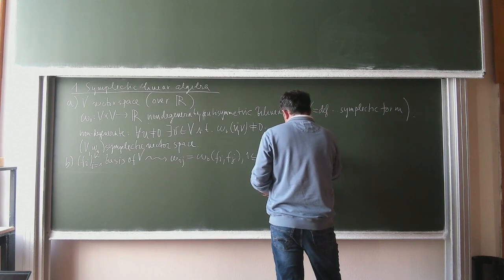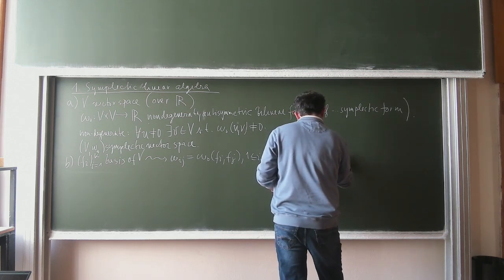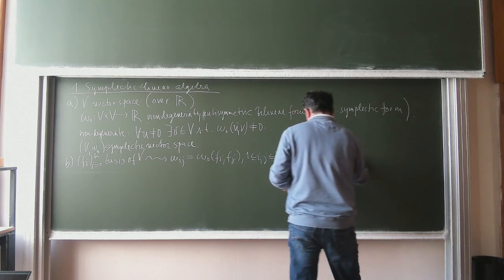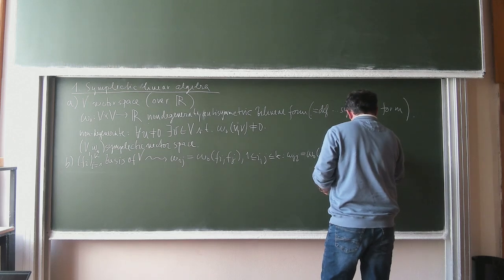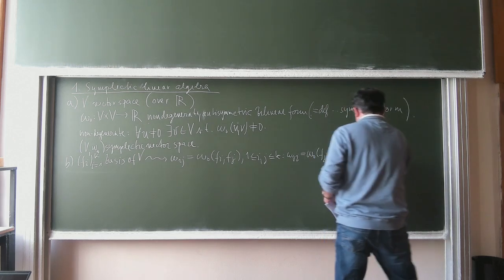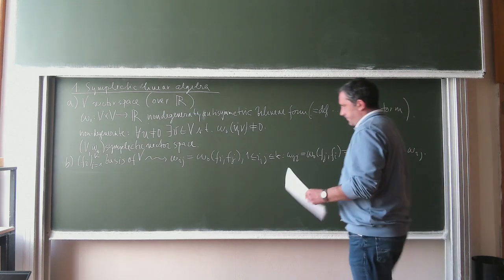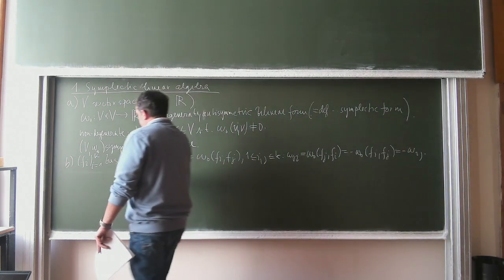So, what is omega ji or omega ij? Omega ji is just this. By antisymmetry, it is equal to minus omega 0, and this is by definition minus omega ij. What about omega ii?